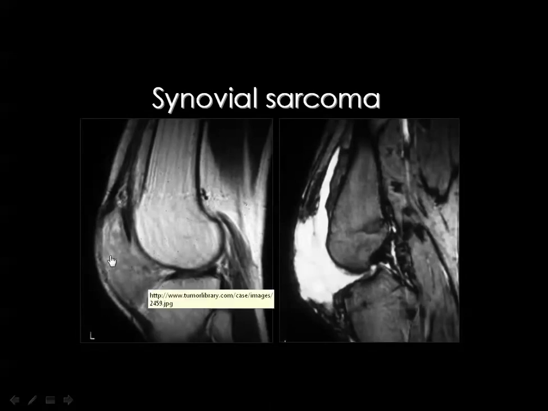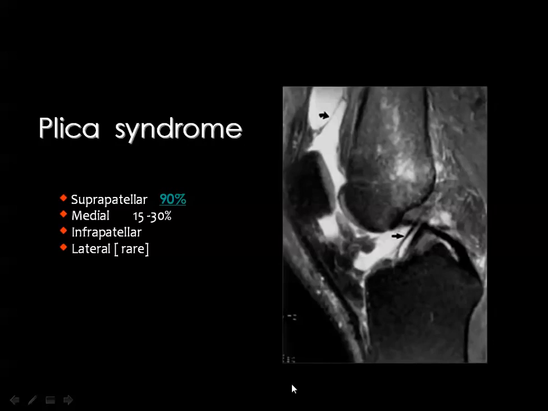You see this infiltrating lesion in the infrapatellar region, and it shows high signal in the T2 weighted images, and it will enhance after injection of contrast media. Actually, I will discuss the issues of synovial pathology in full detail when I am discussing the arthropathies affecting the joints all over the body.